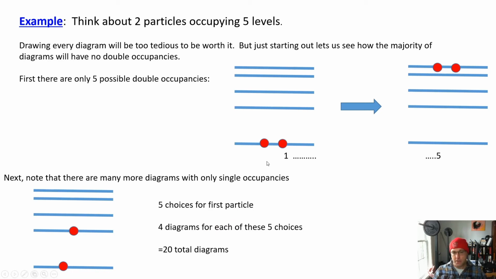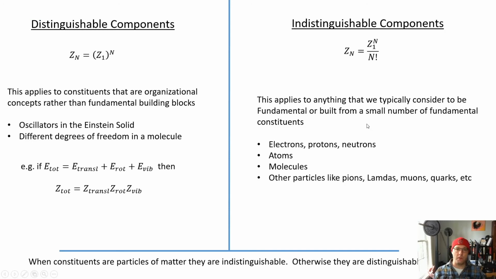So you can imagine if you now start to think about having Avogadro's number of particles in Avogadro's number of levels times 5, the formula becomes really, really accurate. So this is our breakdown from what we've done in the last 2 mini lessons.